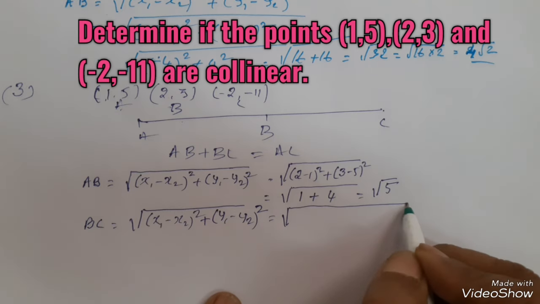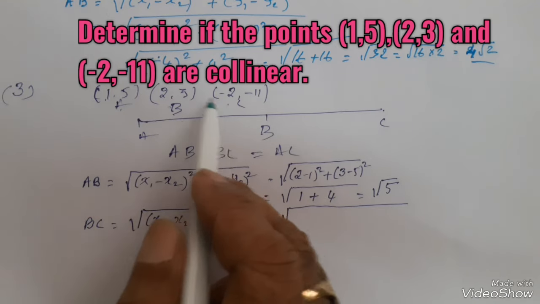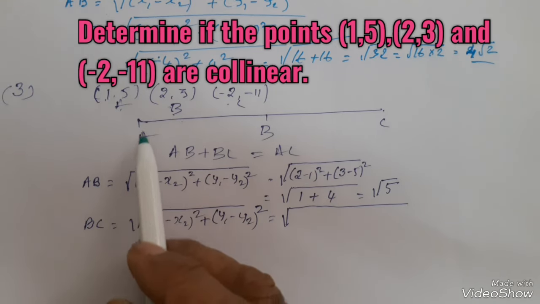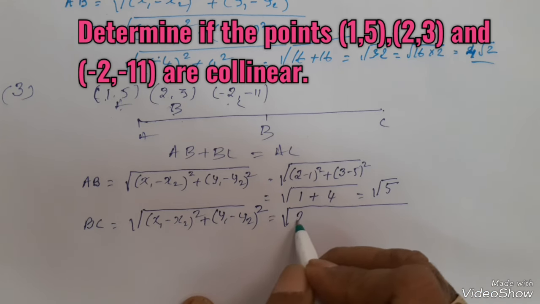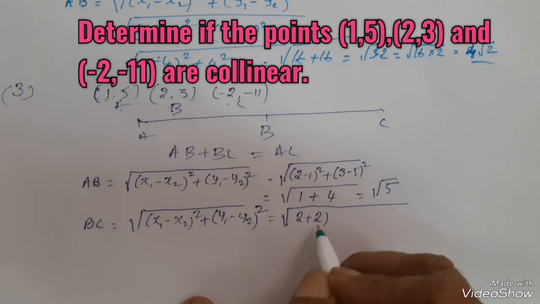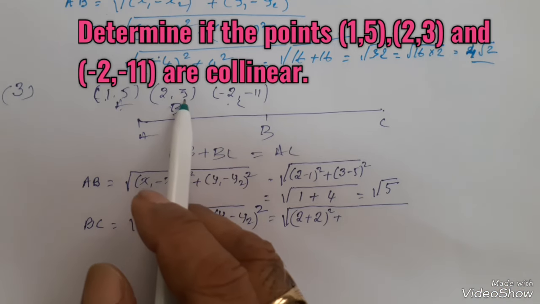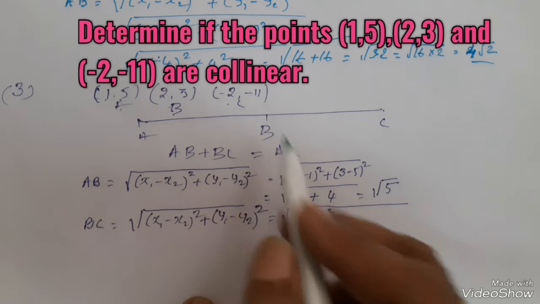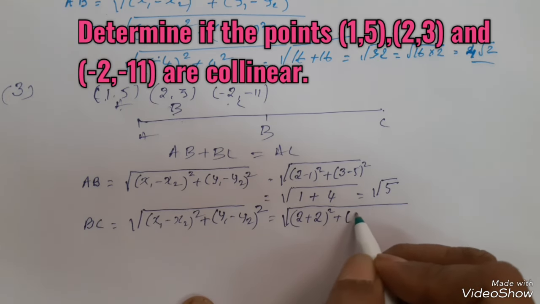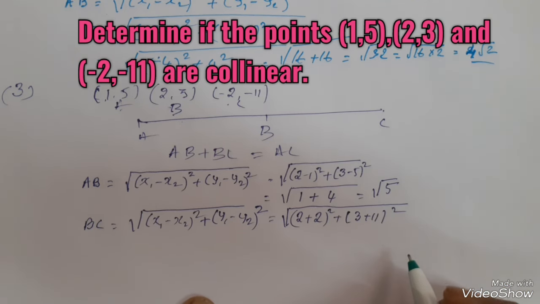Now substitute the values for BC. 2 minus of minus 2, we get 2 plus 2, whole square. y1 minus y2, 3 minus of minus 11, so 3 plus 11, whole square.